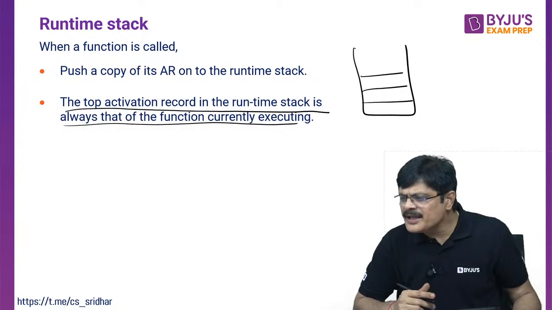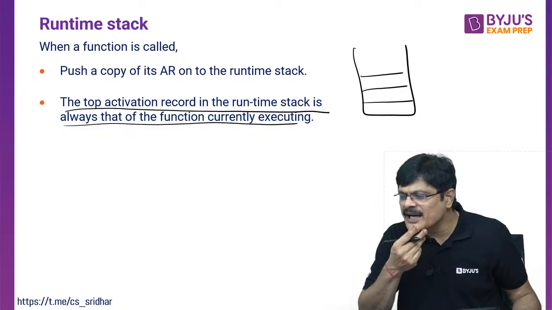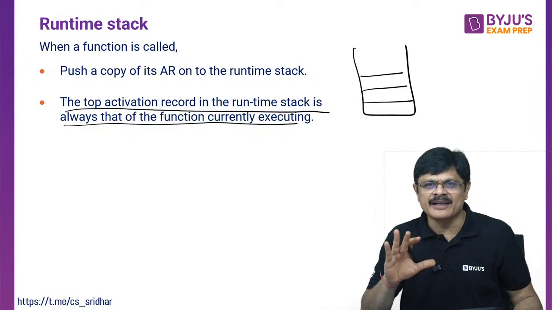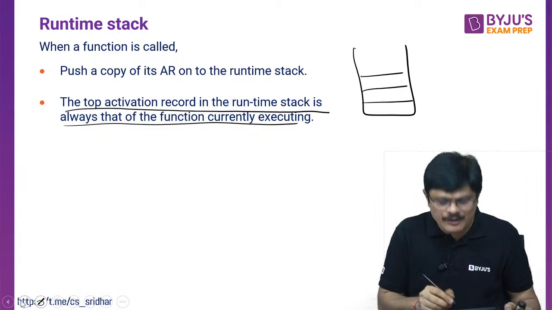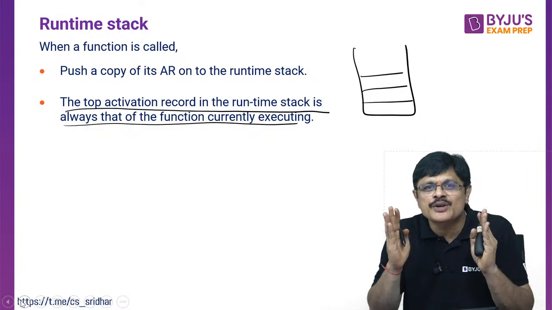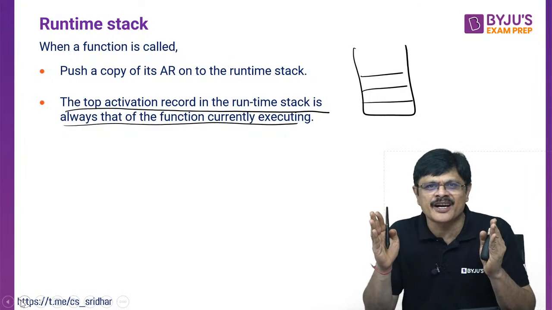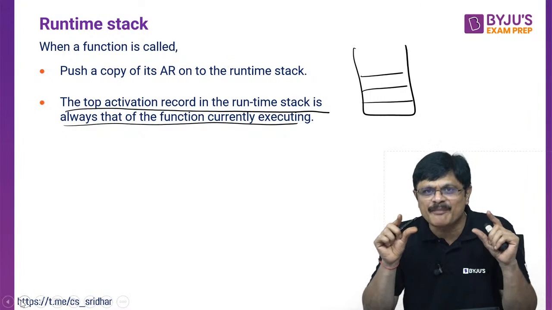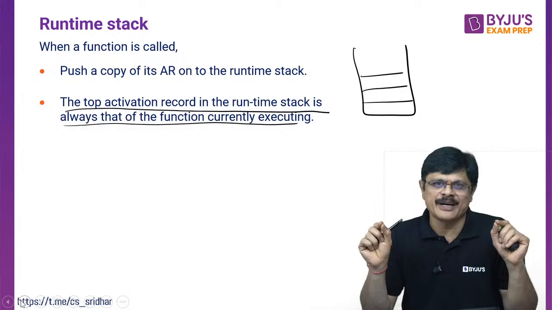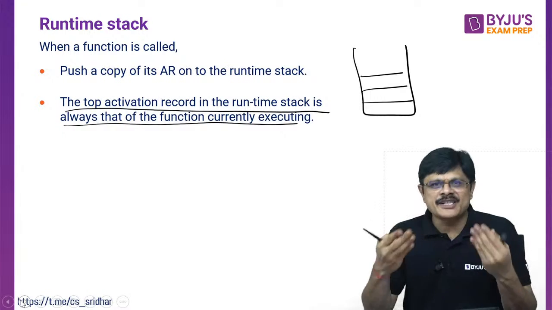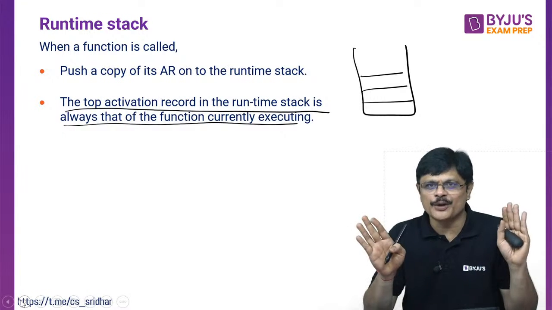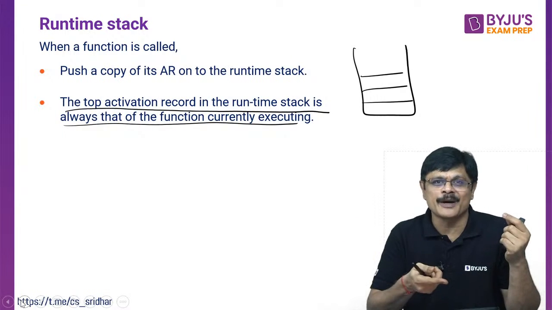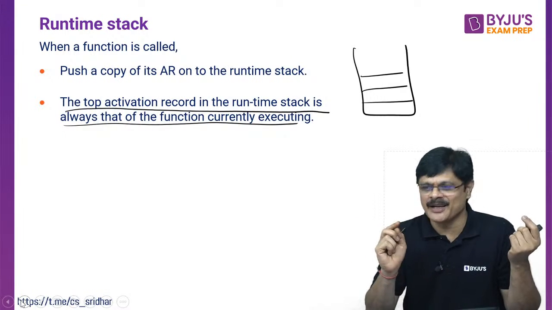Sir, does it mean that when a function is called, the first item fetched from the stack is...? See, it does not mean that order. It is just a particular diagram of what information is stored in the activation record. I am not saying it is a physical diagram. I already told you it is a logical picture only, not a physical picture. The information is stored, but how it is stored exactly depends on the particular operating system or architecture you work with.